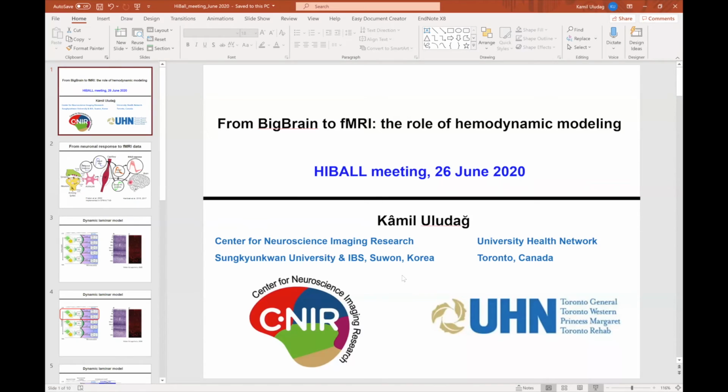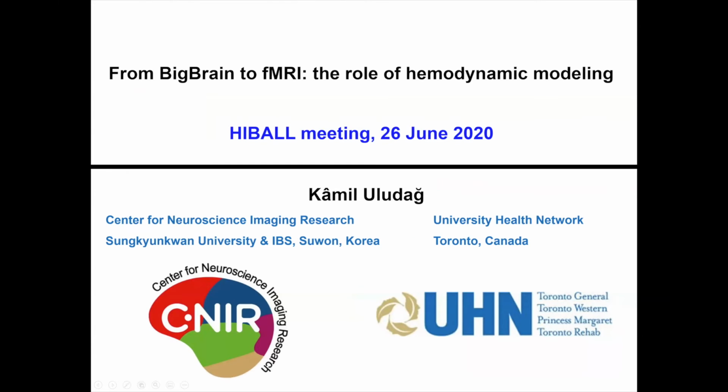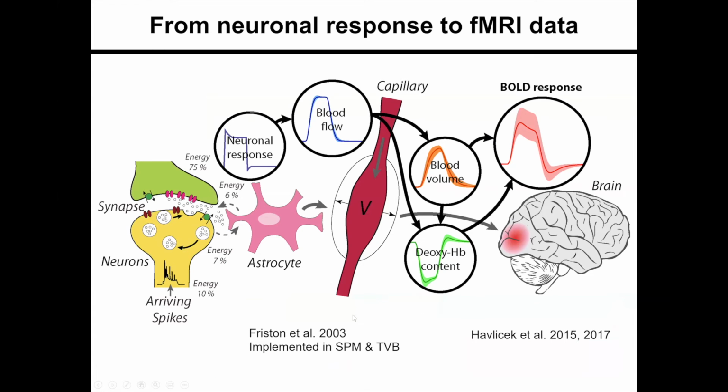Hello, everybody. The title of my talk is From BigBrain to fMRI, the role of hemodynamic modeling. Let's remind first what we are measuring when we do fMRI. So we have neuroactivity, spikes, synaptic activity, and via neurovascular coupling, we are measuring changes in blood flow.